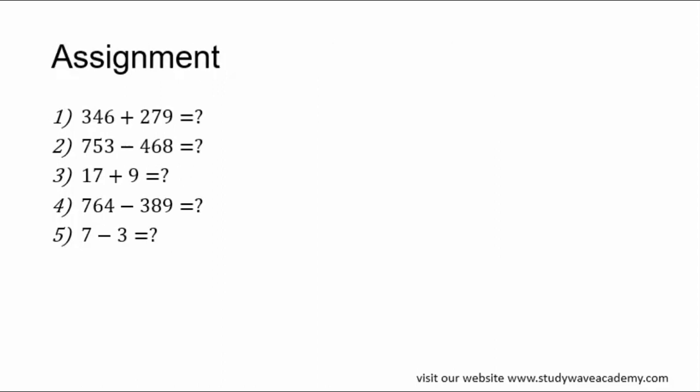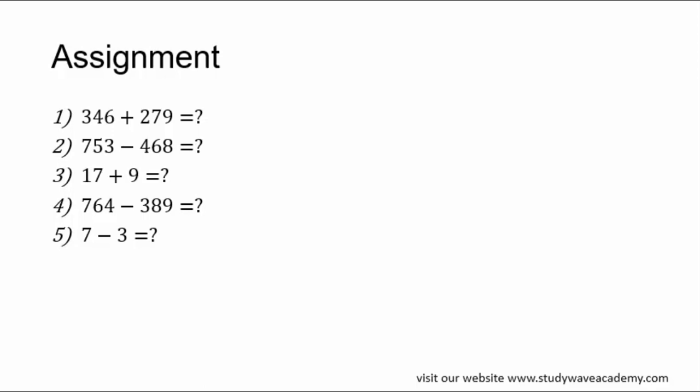Here we have number 1, 346 plus 279. We are going to be using the place value format to get our answer. I hope we'll be able to do that. The next one we have 753 minus 468. Definitely we are going to be able to do that. We also have 17 plus 9.